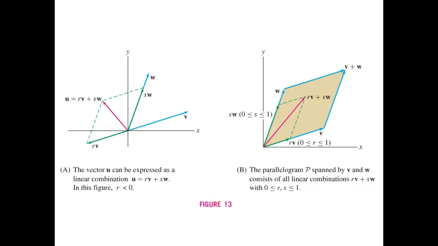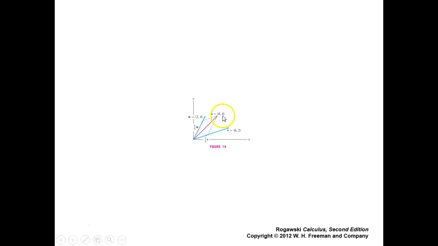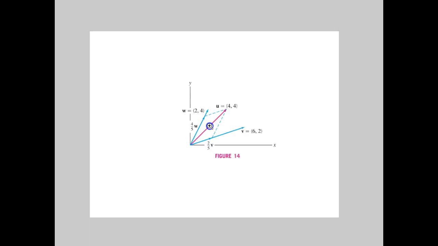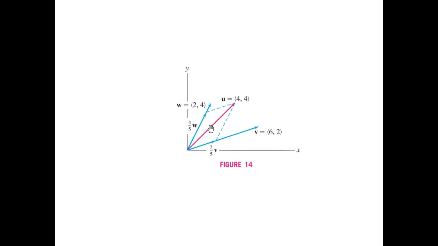So let's do some linear combinations in example 4. I'll blow it up for now, but as soon as I go to write, it's going to shrink back. Express the vector u, which is (4, 4), in this figure as a linear combination of v, which is (6, 2), and w, which is (2, 4).